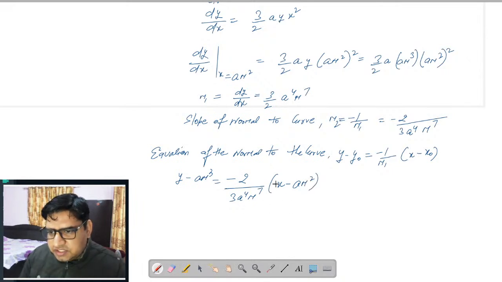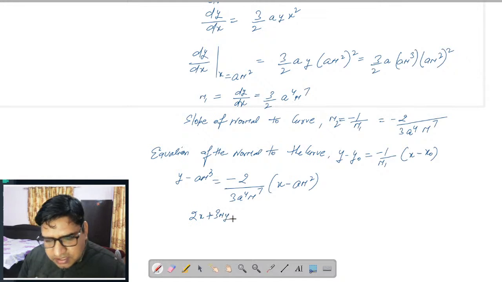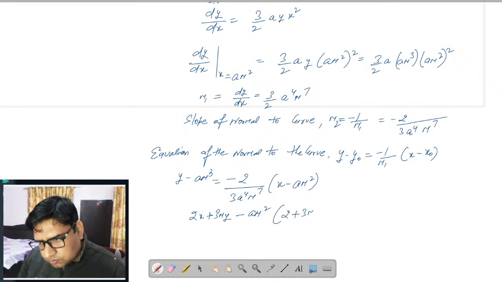Okay, and if you try to solve this equation, that will result into 2x plus 3my minus am square (2 plus 3m square) is equal to 0.